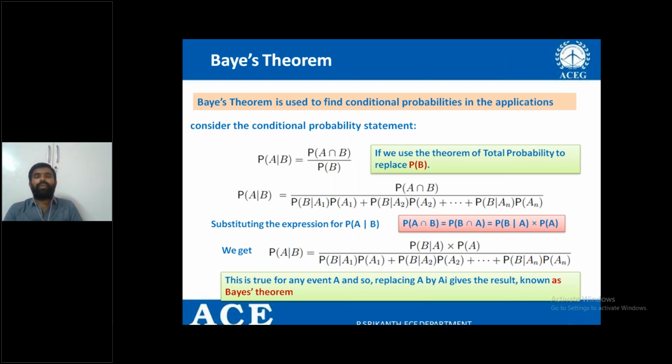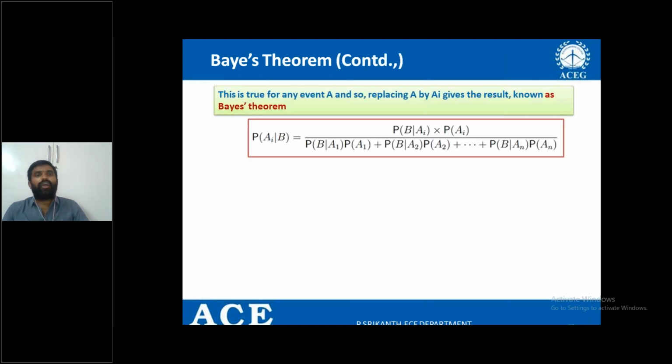So finally, what is the Bayes theorem? P of A given B equals P of B given A into P of A by P of B given A1 into P of A1 plus P of B given A2 into P of A2 and up to P of B given An into P of An. And if I substitute Ai in the place of A, I can write the generalized statement, it is applicable for all the events from A1 to An.